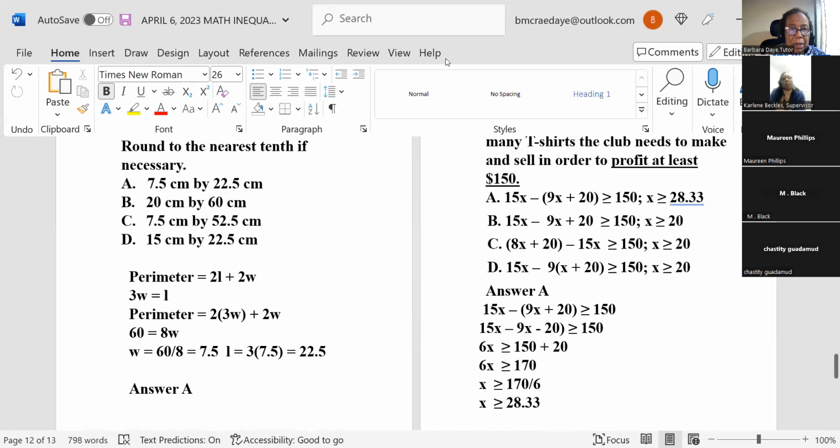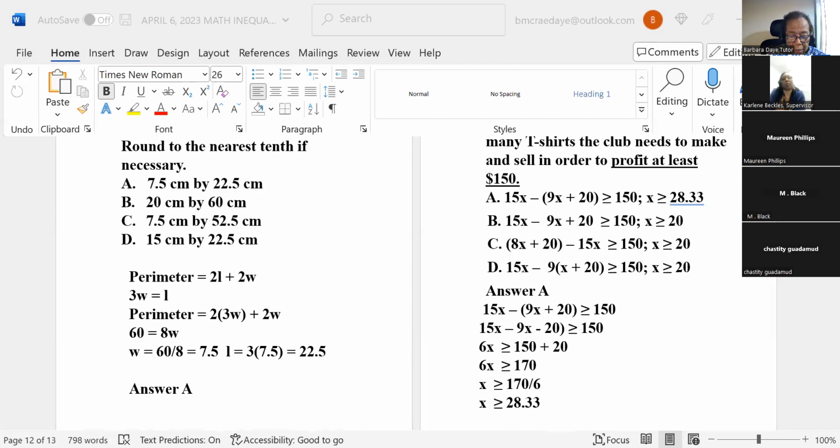Now I want you to do, let's see, new share here.